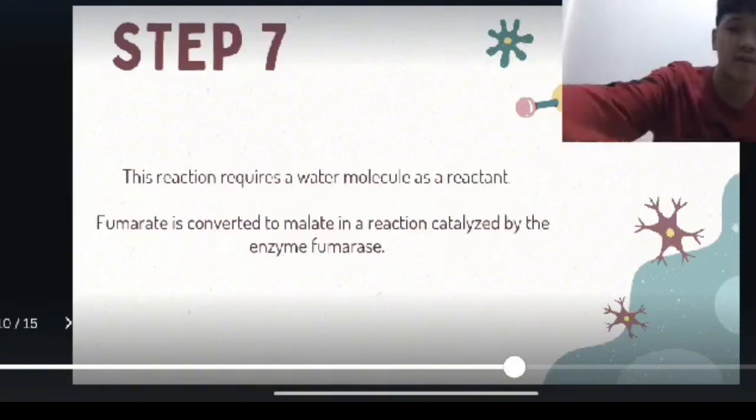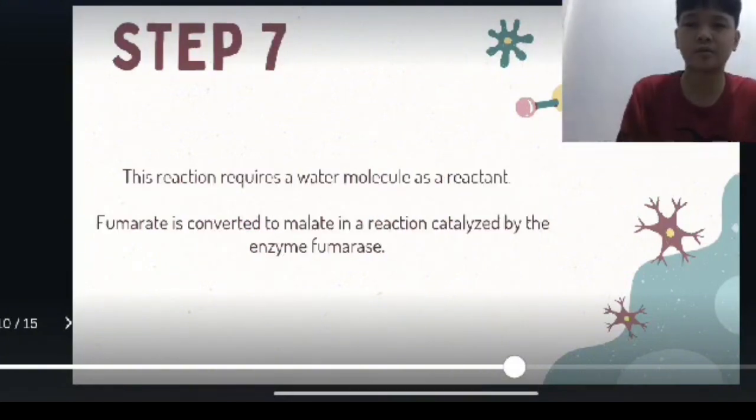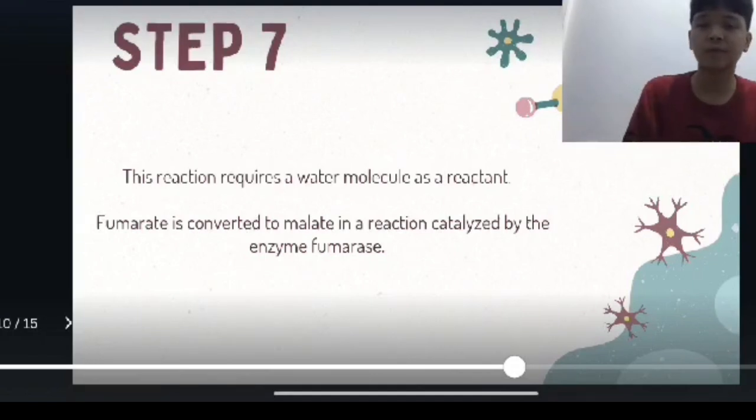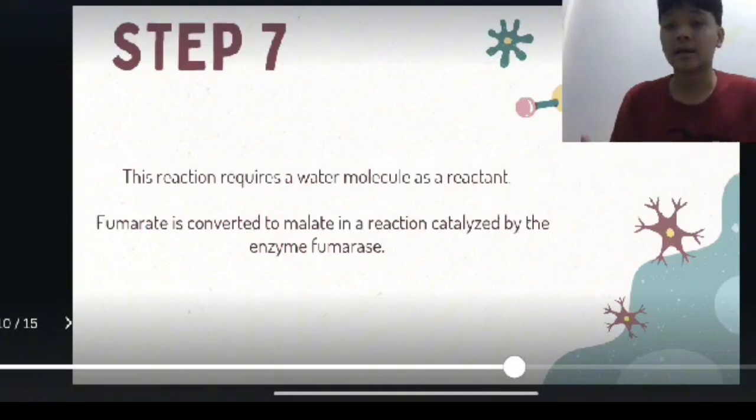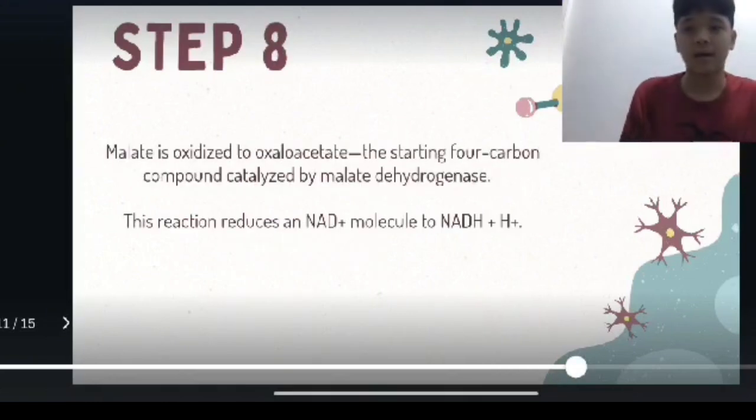In step 7, this reaction requires water. Fumarate reacts with water and is converted into malate, catalyzed by the enzyme fumarase. Lastly, we have step 8. Malate is now oxidized. Again, it loses an electron, becoming oxaloacetate.